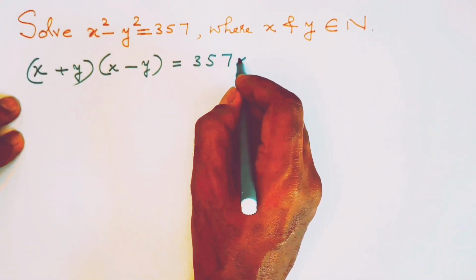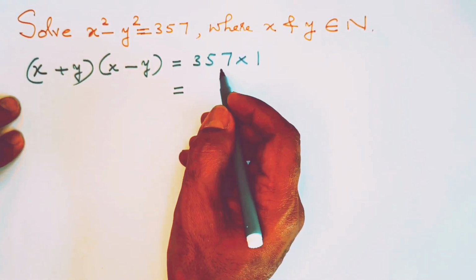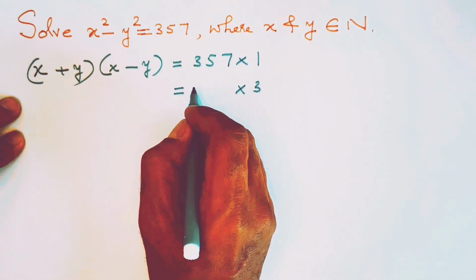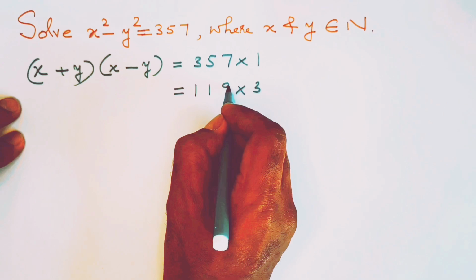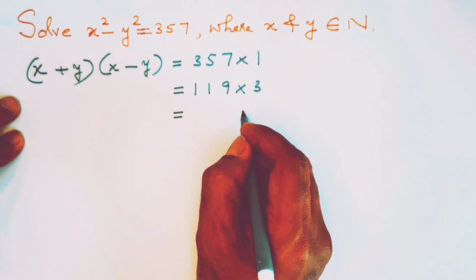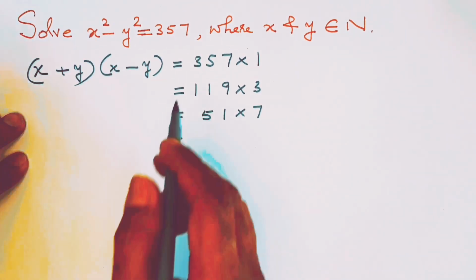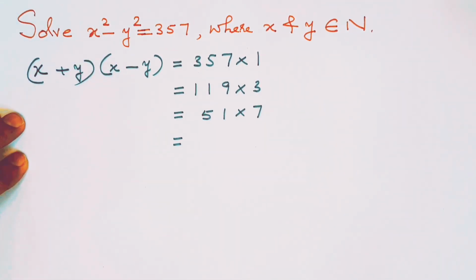The first splitting you can write like this. The second splitting, as you know, 357 is divisible by 3. So you will have 119. Then 357 is again divisible by 7. So you will have 51. Then 357 is divisible by either 21 or 17.